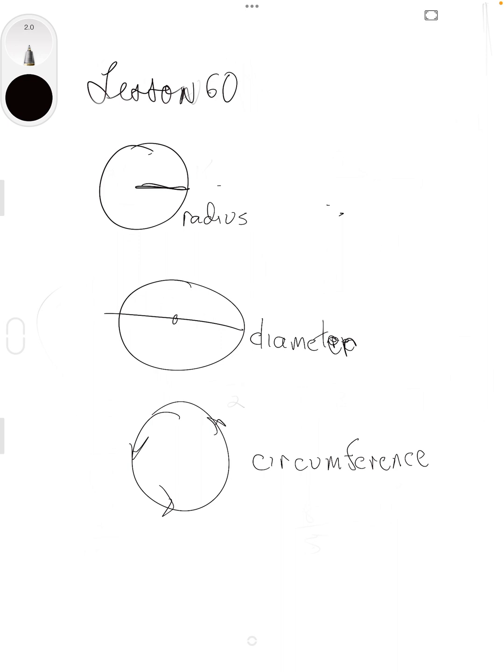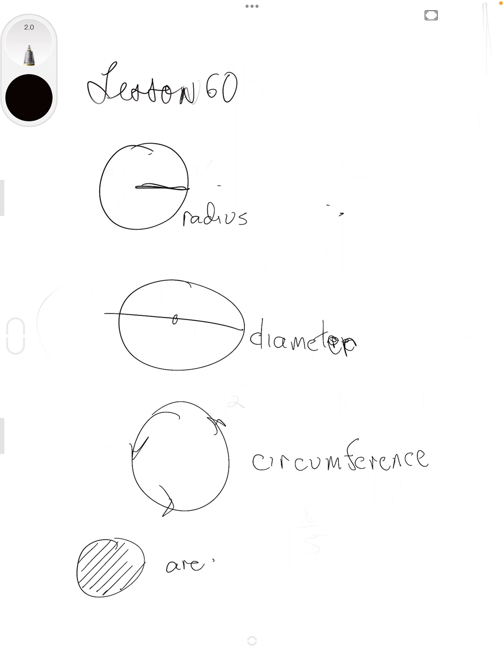So this is the basic deal. Now, what do you need to know? Now that you know these three words, there are two things you need to know. The area of a circle, that's how much is in it.